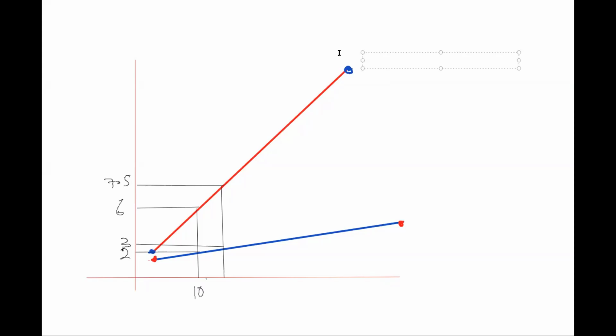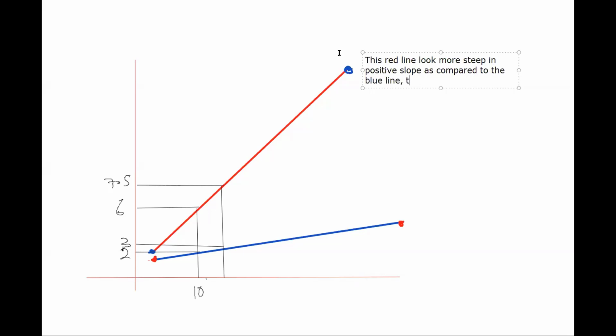So this red line looks more steep in positive slope as compared to the blue line.